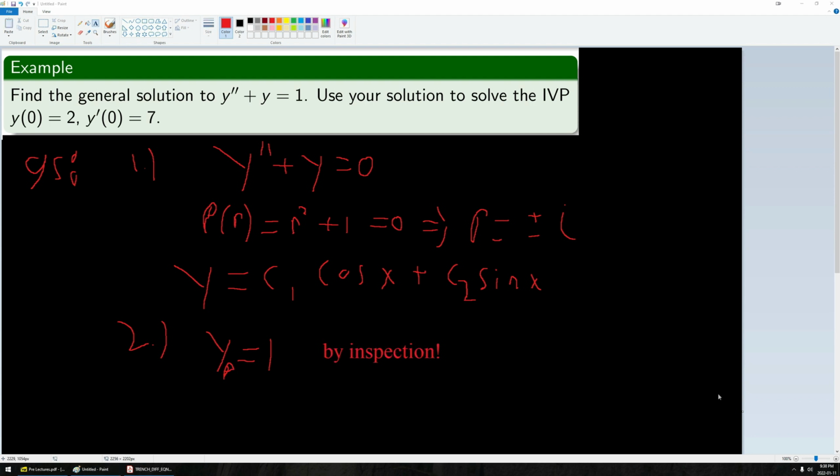Now, as a student, this would immediately beg the question, can I do this? No, you can't do that for this course, because it's impossible to tell if you could think through your process for why it was true, or if you just typed it on the internet and found the solution. But don't worry, before this lecture is over, we will give you a method to find particular solutions to things of this form, where you replace the 1 with a polynomial, and you can just use that method here.